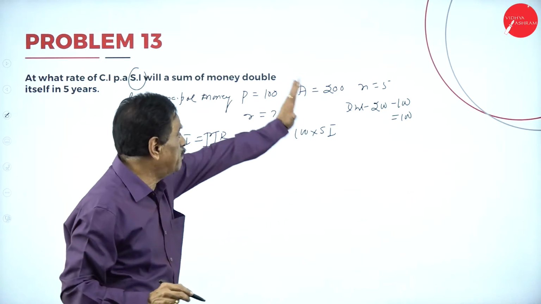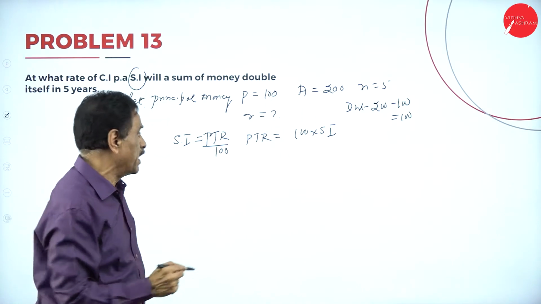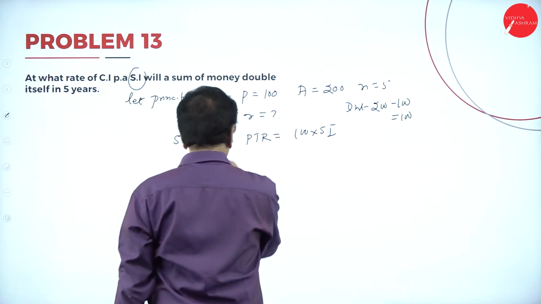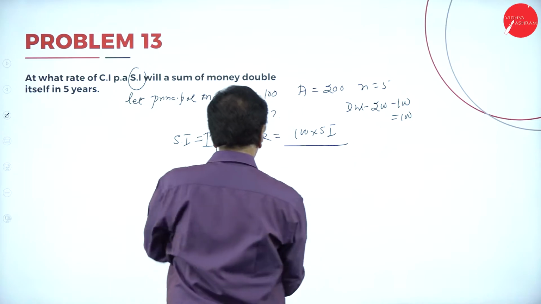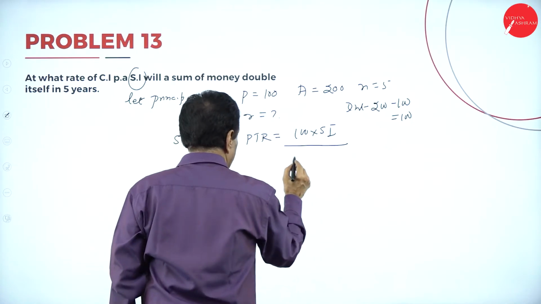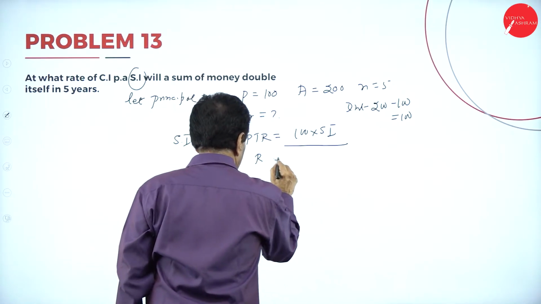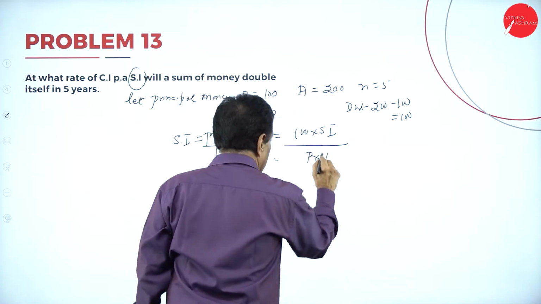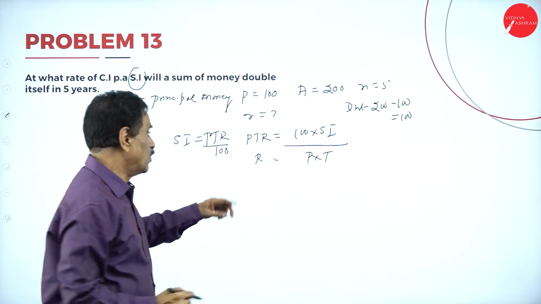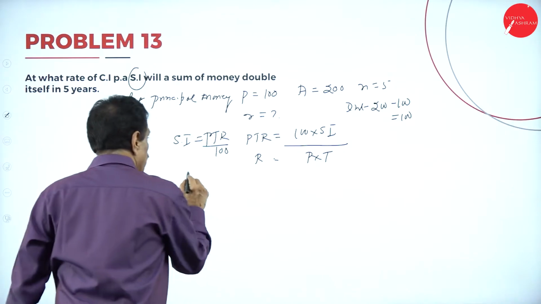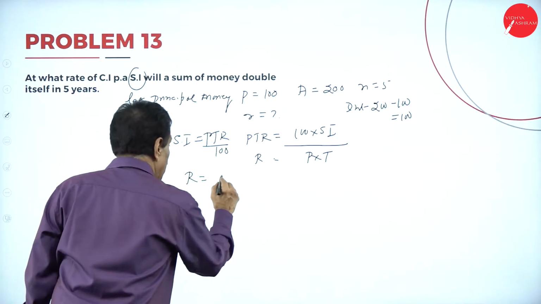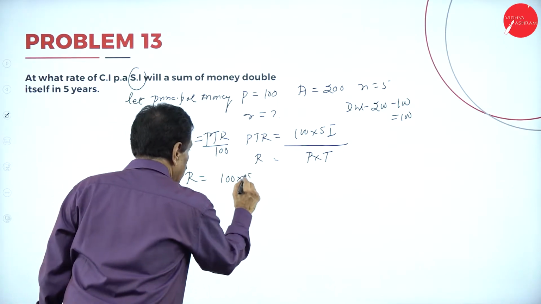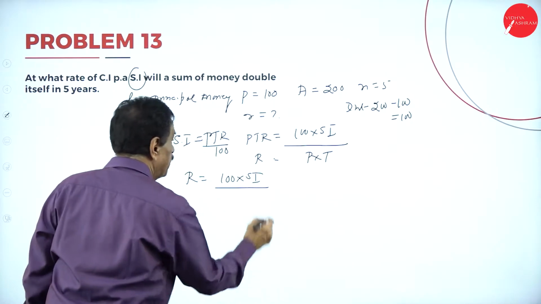Principal money 100, double means 200, so your interest is 100. R is equal to 100 into SI divided by PT.